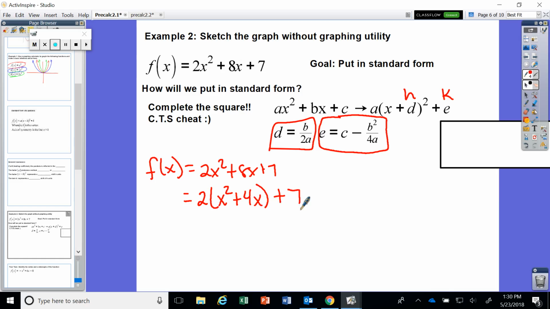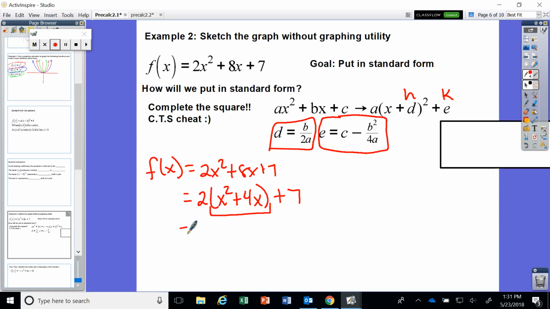Now we have a goal: we want to complete this square, make this into a trinomial that I can find a perfect square of. That's what it means to complete the square.